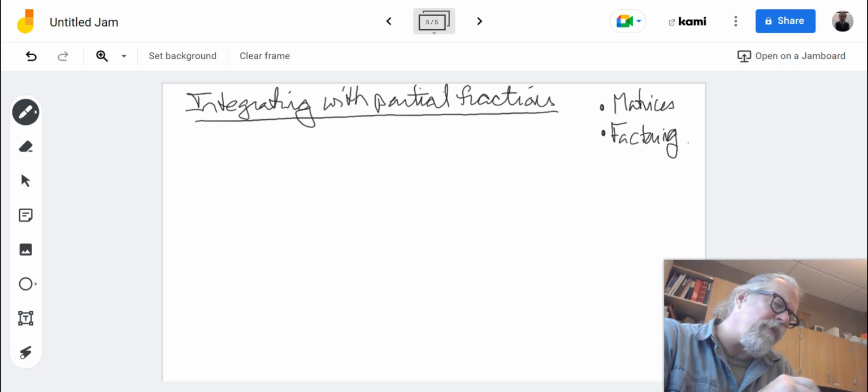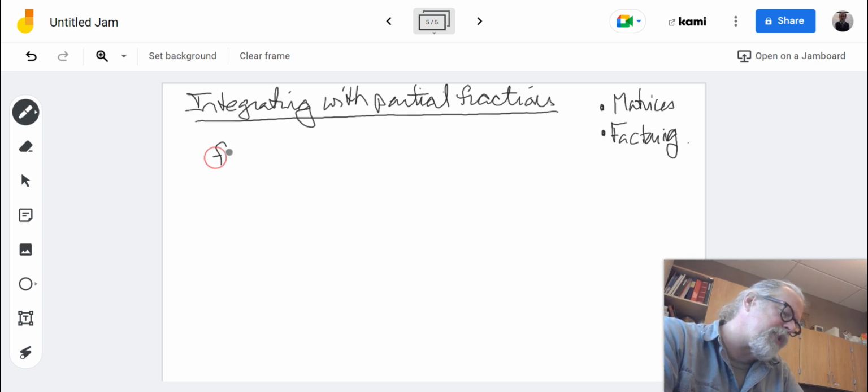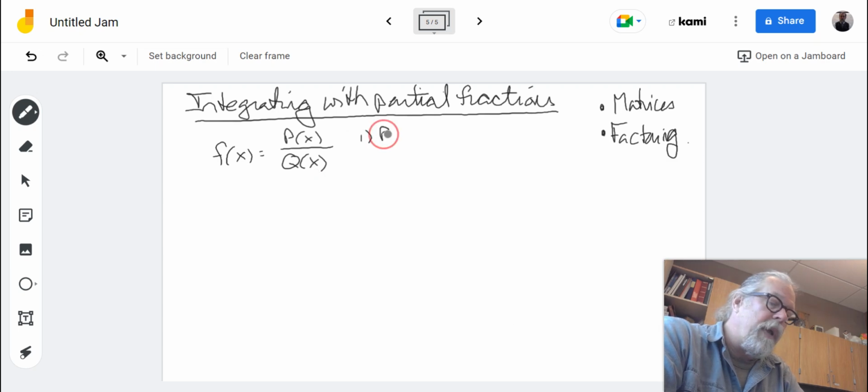So, to continue, for those of you who are ready to go, here is the question. We have a function f of x equals a polynomial divided by another polynomial. And here are the restrictions. Thing one, p and q are polynomials.